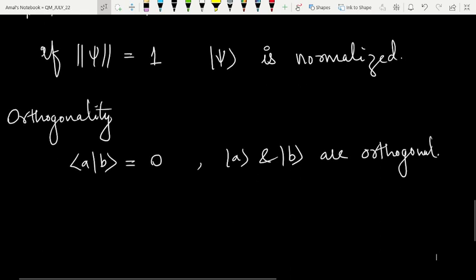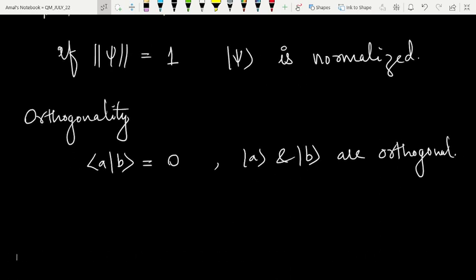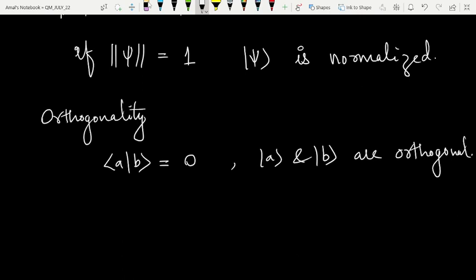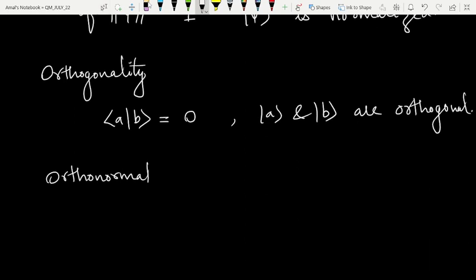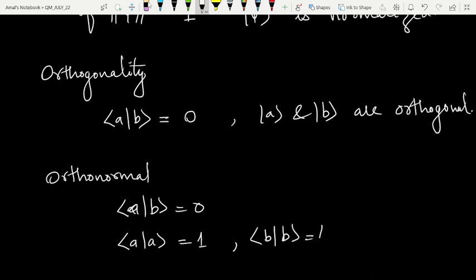If these vectors are both orthogonal and normalized, then we say that they are orthonormal. So two vectors are orthonormal if the inner product of A with B is 0, A with A is 1, and B with B is 1.